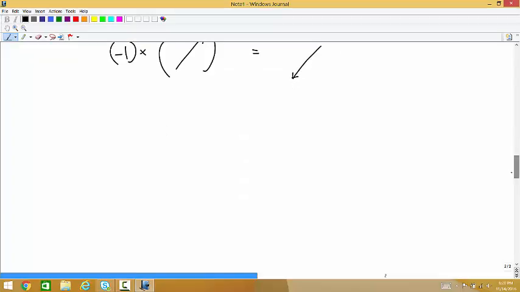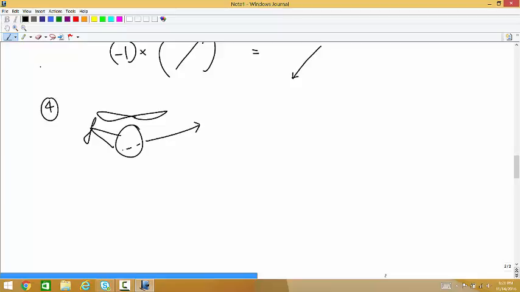And then 4, a helicopter is traveling with a velocity vector of 5.5, 2.5, so its velocity vector is like this. And it drops an object when it reaches a height of 20 meters.